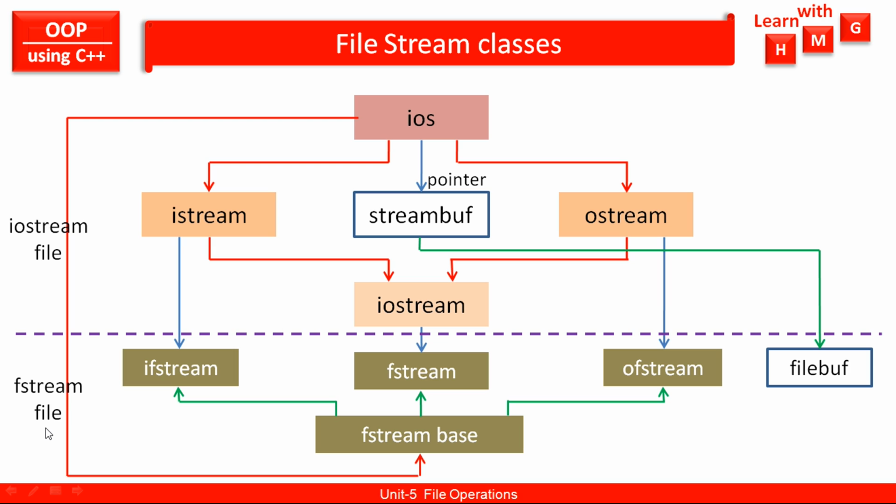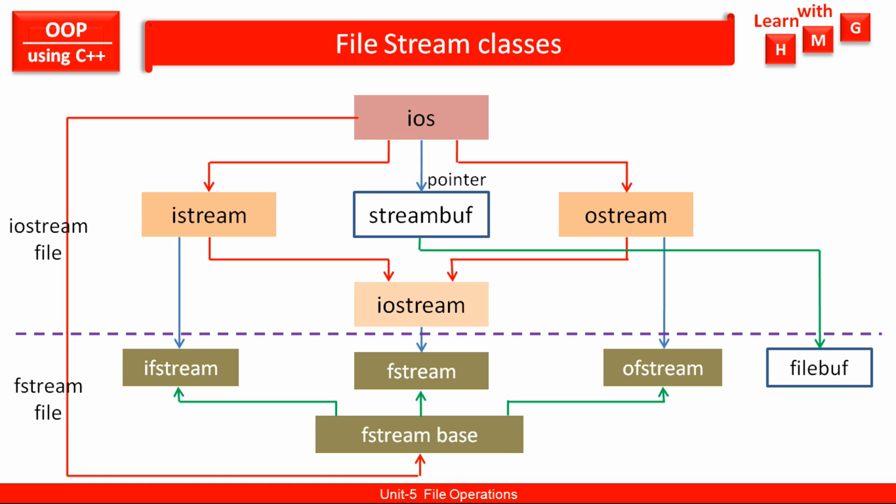The above classes are related to basic input output operations using input output devices, while the file stream classes below the dotted line are defined to perform operations on files, that is file handling operations. And all these combined form the hierarchy called input output stream classes.